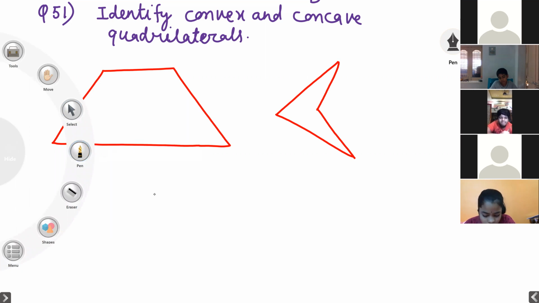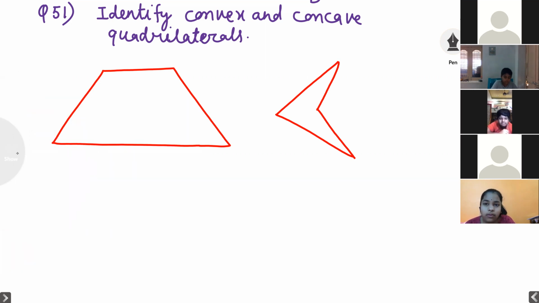Concave or convex? Convex quadrilateral, because both diagonals exist inside the figure. What is a diagonal? When we join two opposite vertices, they form a diagonal. Suppose the names are A, B, C, and D. Vertex A is opposite to C and vertex B is opposite to D. When we join two opposite vertices, that forms a diagonal.